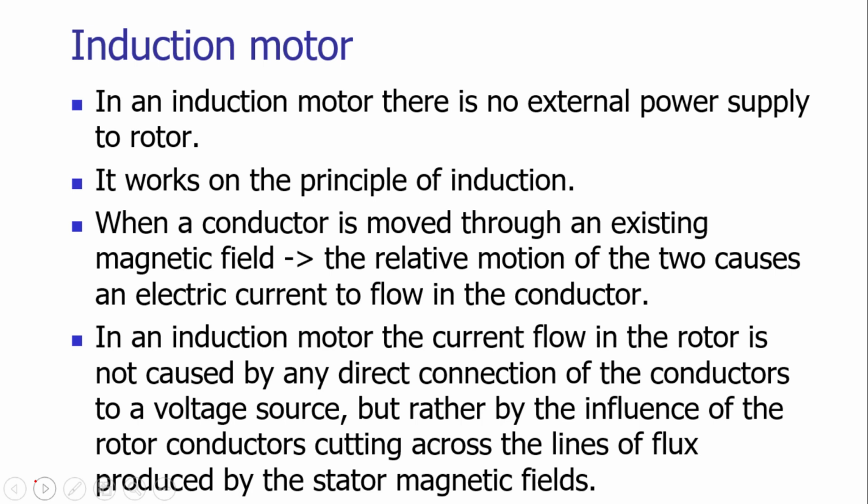The current flow in the rotor is not caused by any direct connection of the conductors to a voltage supply. So we are getting a flow of electric current in the rotor, but it is not due to the direct application of potential on the rotor.